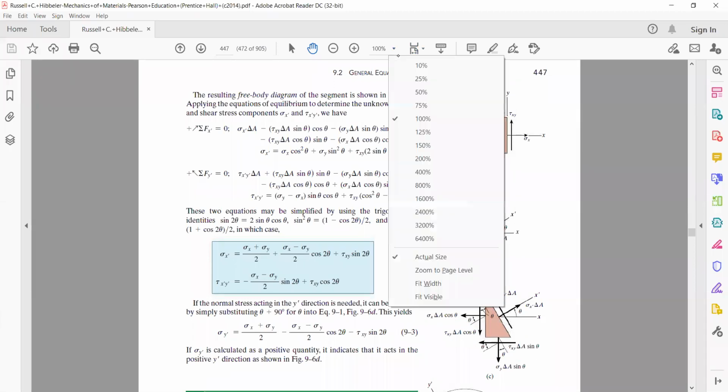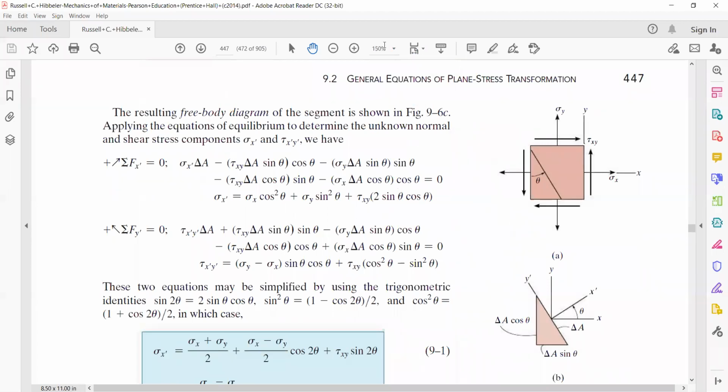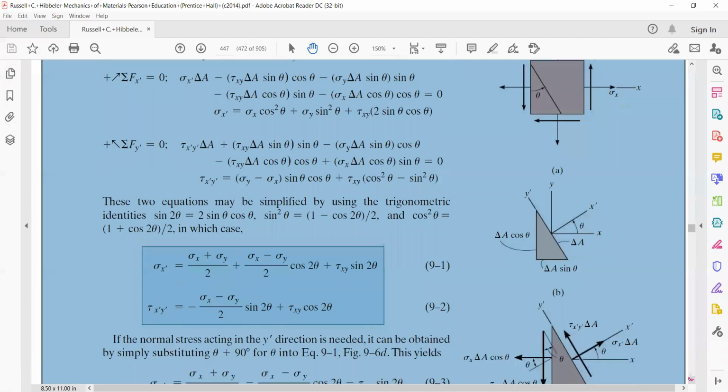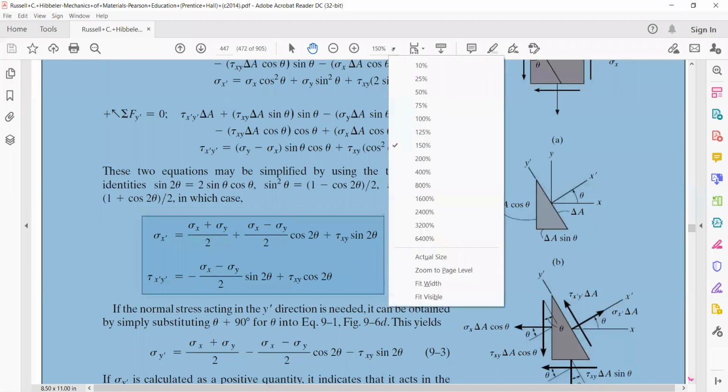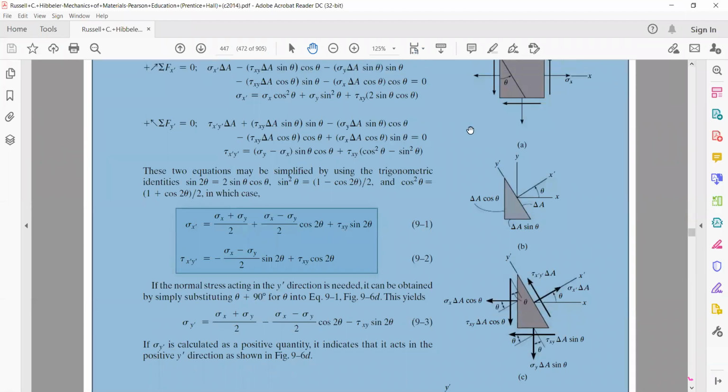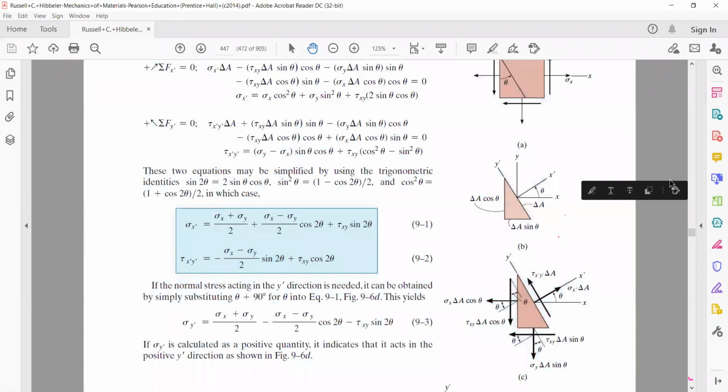The overall stress element can therefore be written as, we have a stress element like this. The wedge element is like this.